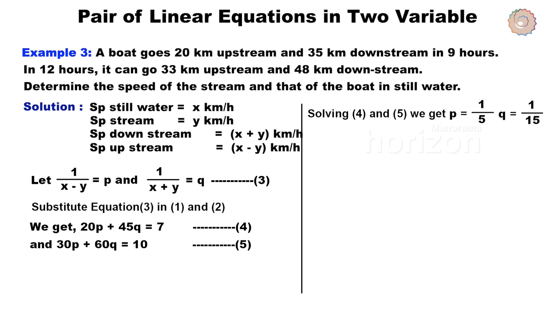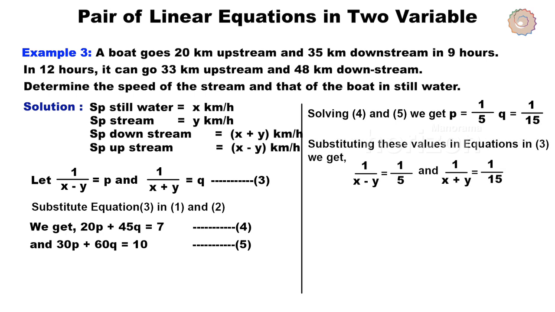Solving them, we get p equals 1 by 5 and q equals 1 by 15. Substituting these values in equation 3, we get 1 by x minus y equals 1 by 5 and 1 by x plus y equals 1 by 15, which means that x minus y equals 5 and x plus y equals 15. Let's consider these as equations 6.